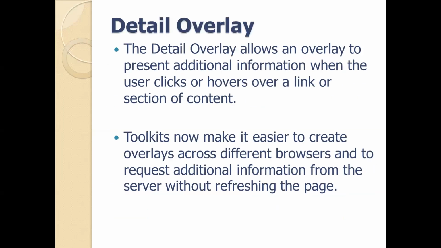Then the second is detail overlay. Again, this is a pop-up which gives you some additional information when the user clicks or hovers over a link or section of content. In any shopping example, when you move your mouse over the product image, you get some information about the product, maybe the specification or what material it is.